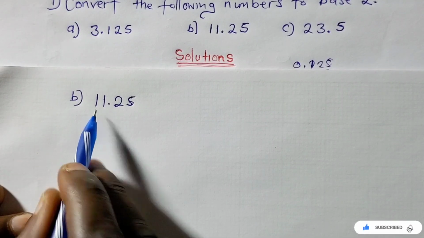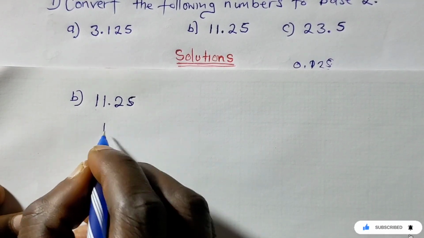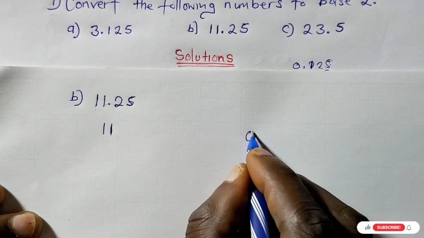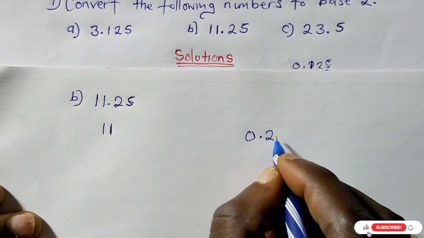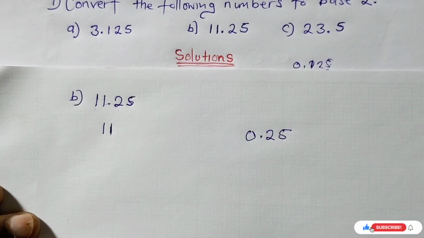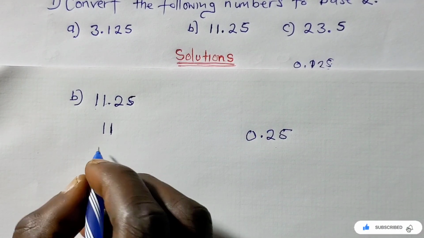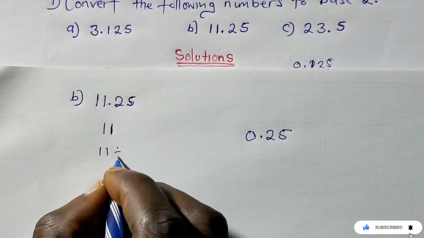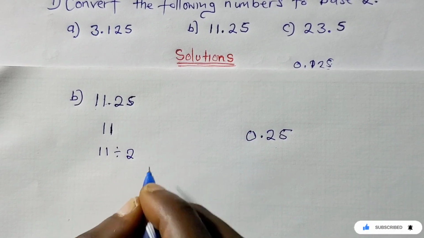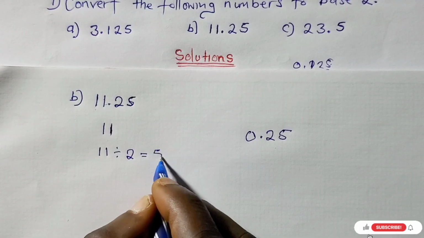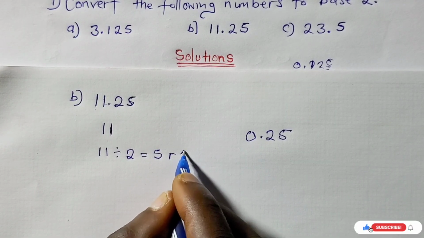Now, you get this whole number split. You're going to have 11. This side, you have 0.25. Then here, they're going to divide by 2, okay? So 2 into 11 is 5 times remainder 1.